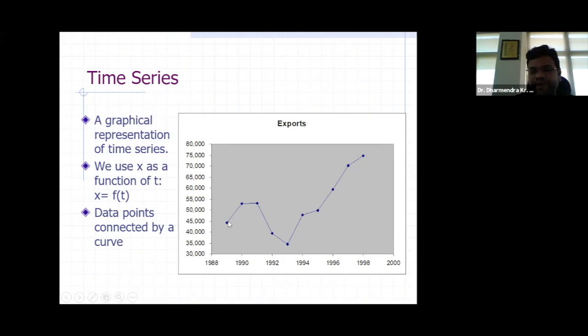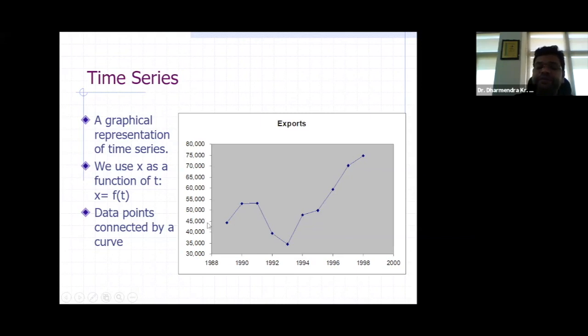From 1988 to 1990 it was an increasing trend. The exports were increasing, but from 1990 to 1992 it is stable or constant. Then it decreased and decreased again. Then again it increases.